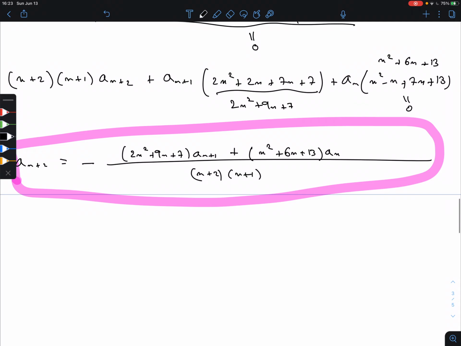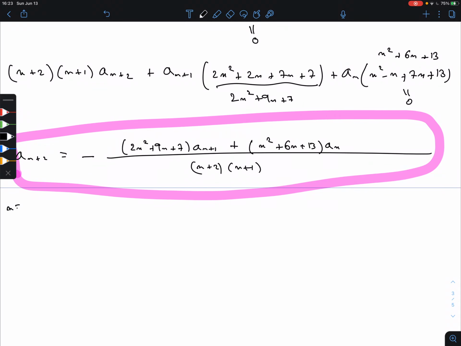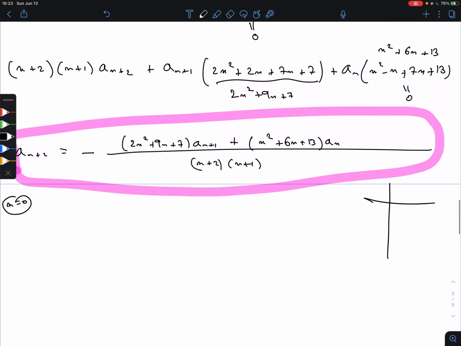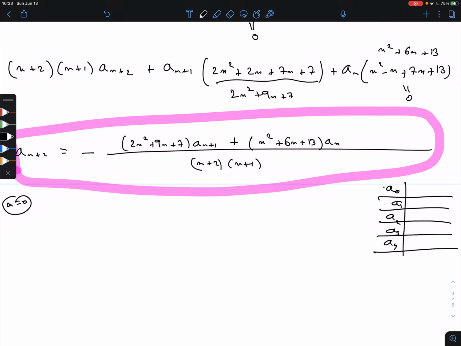Let's look at the first one, which would be n equals 0. So we make our table here. I don't know why I draw my table with one more column. I've never understood why I do this. Okay, we have A0, A1, A2, A3, and A4, say.